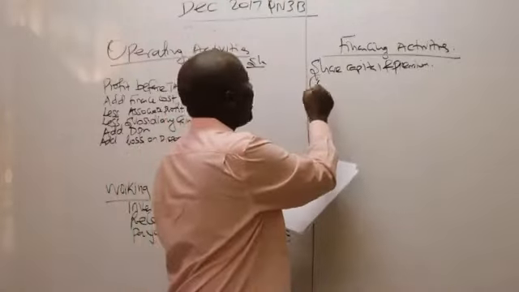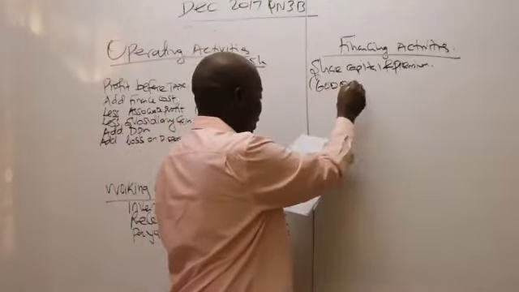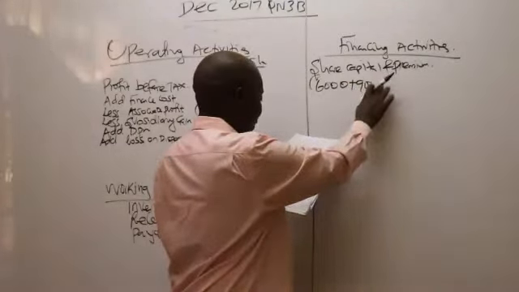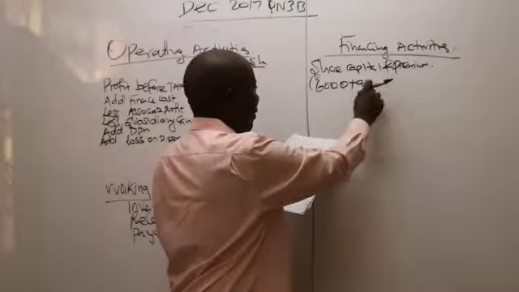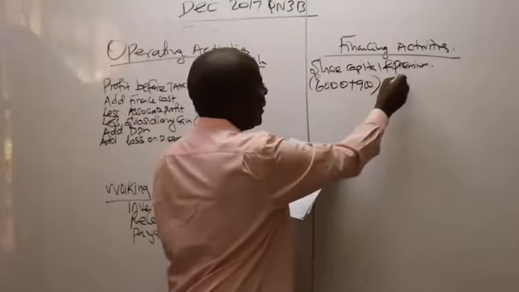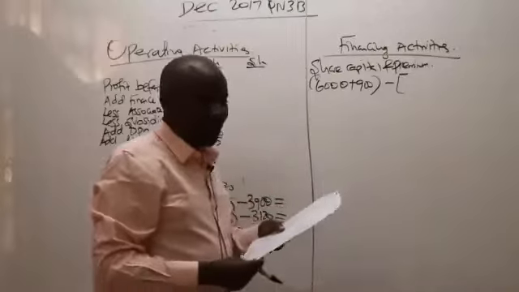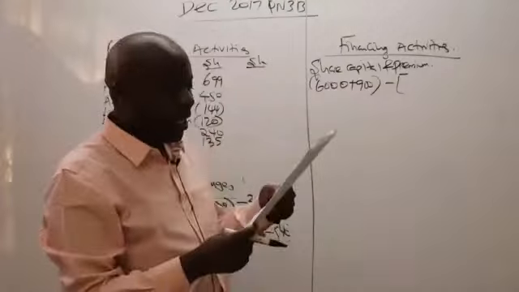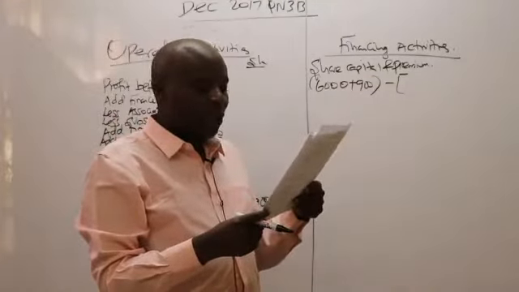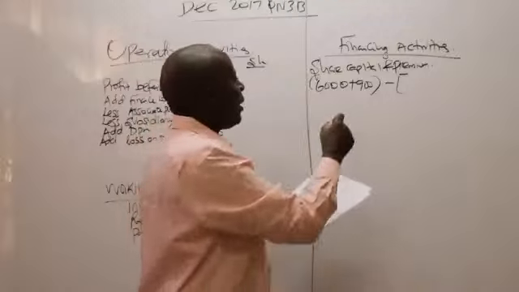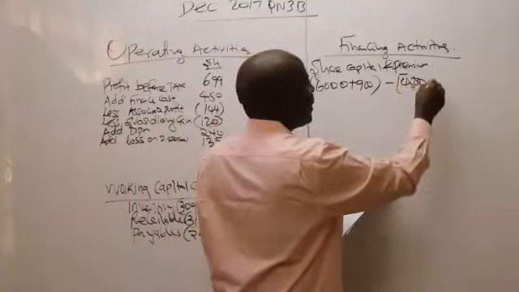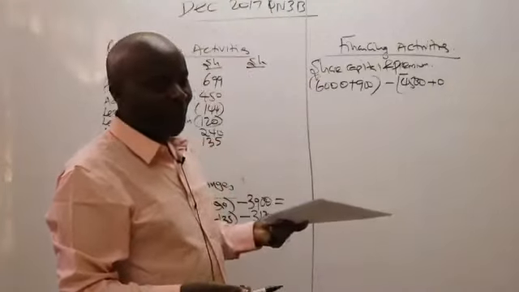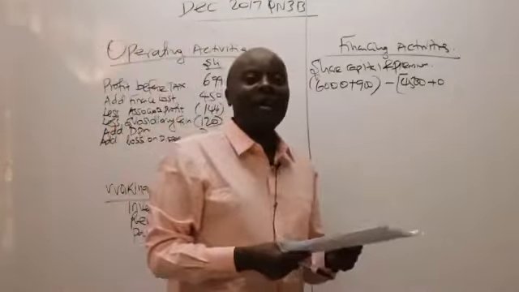The closing balance is 6,000 plus 9,000 plus 900 plus 900 plus 900, minus the opening. What is the opening? Looking at it, opening share capital is 4,500, plus the premium there is 0. Remember, ladies and gentlemen, even the examiner can mislead you at times.